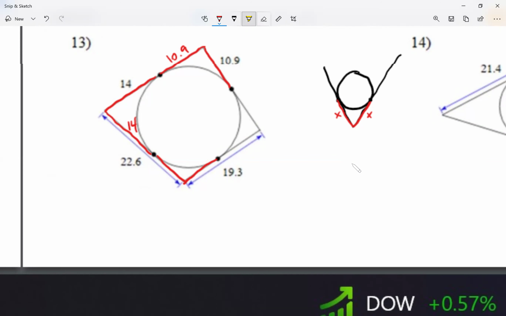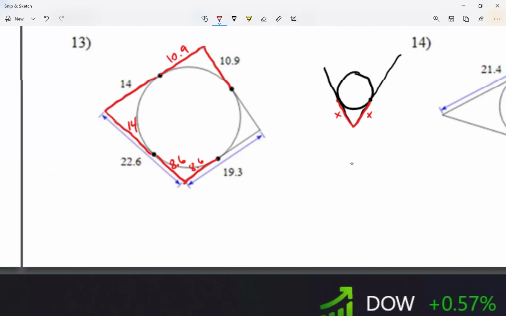However, I want you to pay attention to this 22.6. 22.6 is the whole side. Part of it is 14. So I'm going to say this other part here is 8.6, because I subtracted 22.6 minus 14. So guess what? This other segment here is 8.6. Nice.